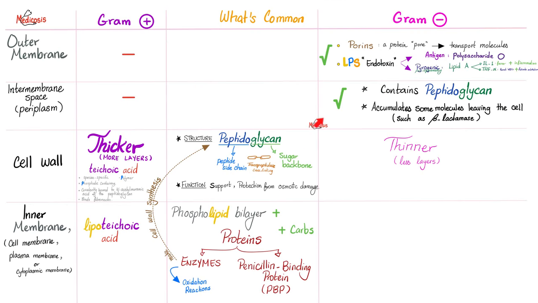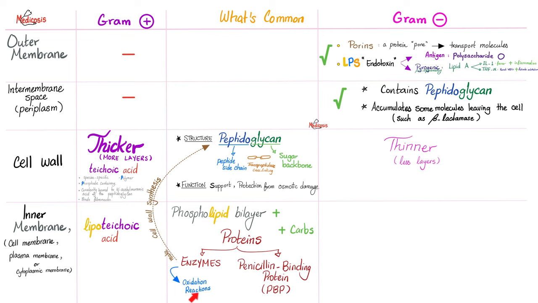Everything on this slide was discussed in the previous video. Just remember, if it's a gram-positive, it has a thicker wall with more layers. We have peptidoglycan, teichoic acid. Dig deeper, membrane, lipoteichoic acid, phospholipid bilayer, and we have some proteins such as the penicillin-binding proteins and the enzymes.